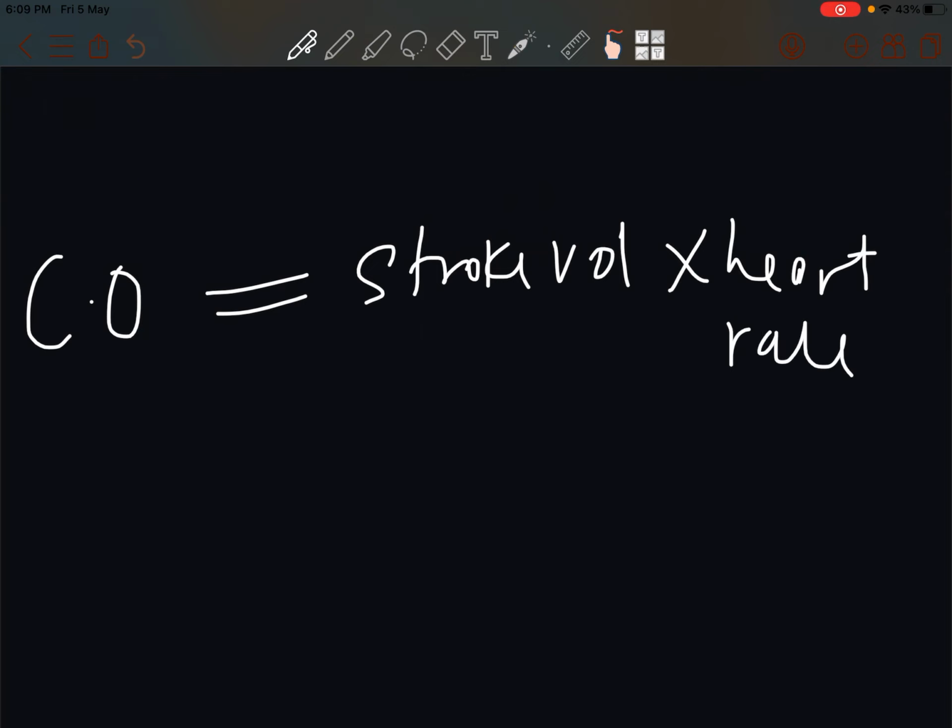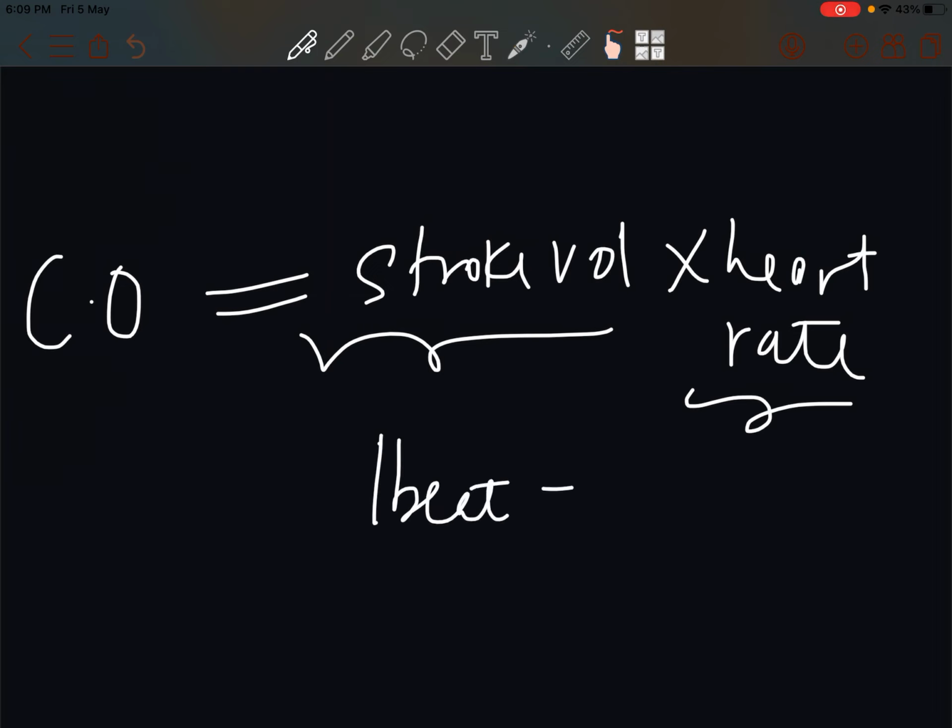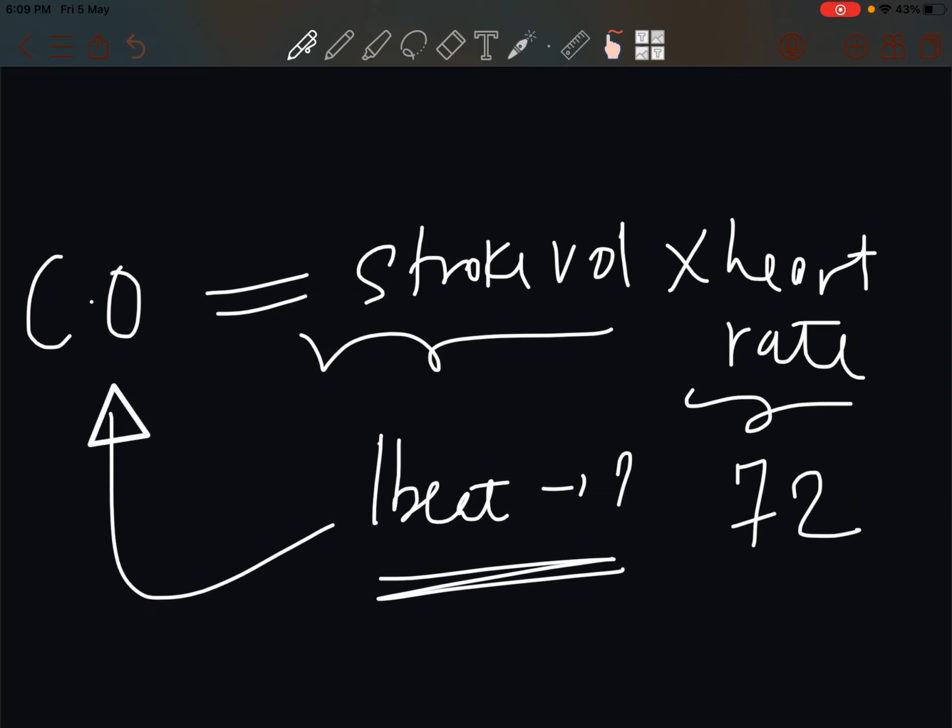Now what is stroke volume, you may ask? How much blood a ventricle is pumping in one pump. Stroke volume is how much blood the ventricle pumps in one beat, and heart rate is the number of beats per minute. The heart rate is 72, this is the stroke volume, and that is equal to cardiac output.